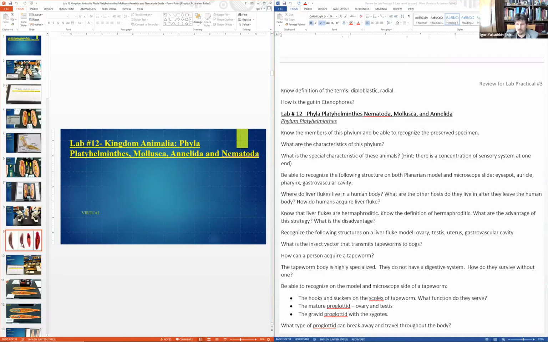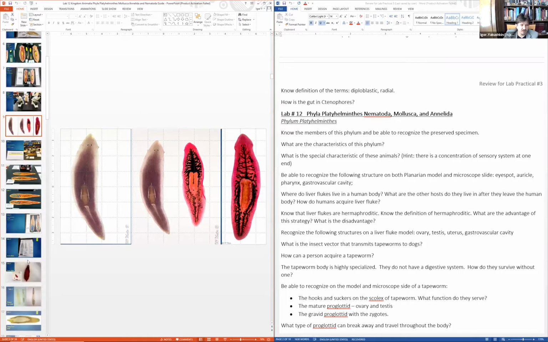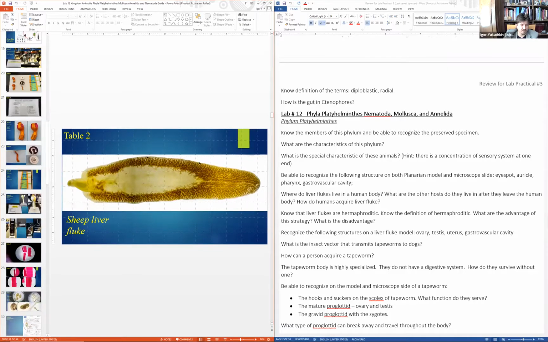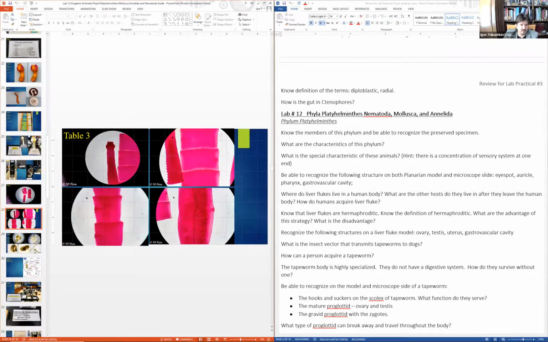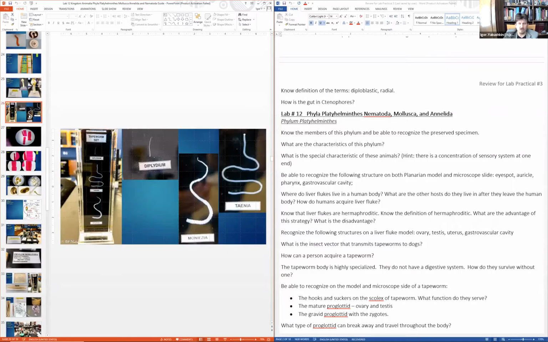We're talking about those guys. That's the planarian. We're talking about those guys. That's the liver flukes. And we're talking about either these guys or that guy or those creatures. These all are the flatworms.